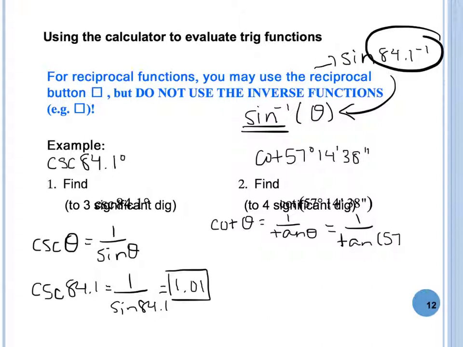So 1 divided by the tangent of 57. And I can put in degrees, minutes, seconds in here, so somehow I'm going to go find that. I can put in degrees and minutes under the angle. Alright, so first I'll put in degrees, and then 14 minutes. Do not put in R. And then I'll put in 38 divided by 60 just because I don't want to go looking for seconds.